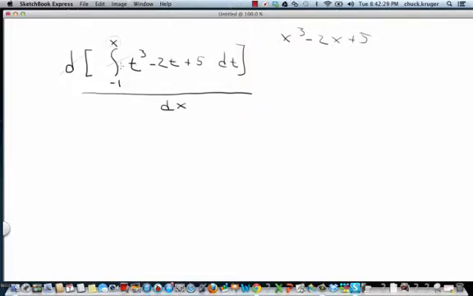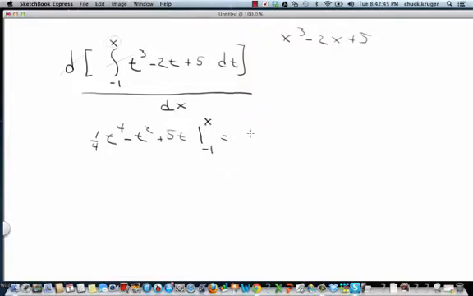Let's see. I'm first going to integrate, and I'm going to have 1/4 t to the 4th minus t squared plus 5t, and I'm going to plug in x first, and then negative 1.